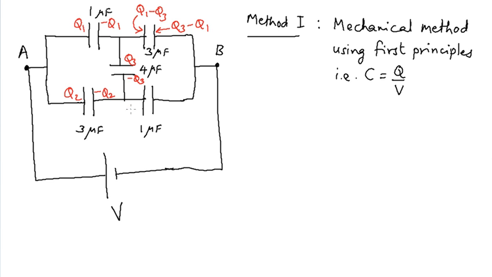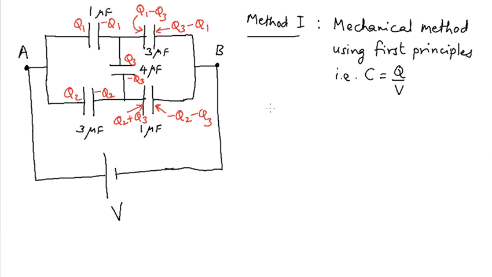By a similar logic, the charge on this plate plus this charge, which is minus Q2, plus this charge, which is minus Q3, must equal 0, and hence the charge on this plate must be Q2 plus Q3. The charge on this plate must be the negative of that, which is minus Q2 minus Q3.